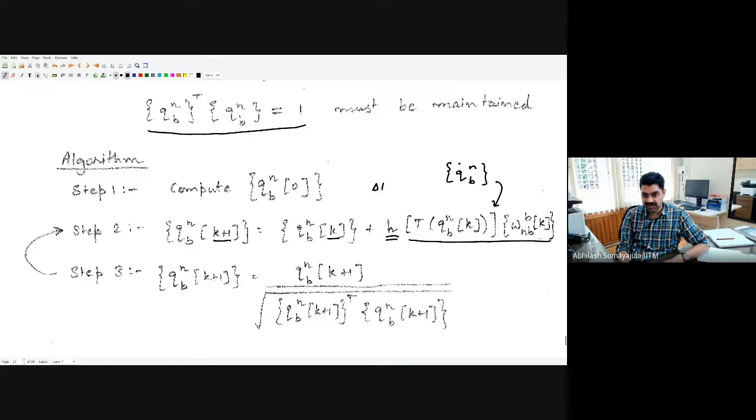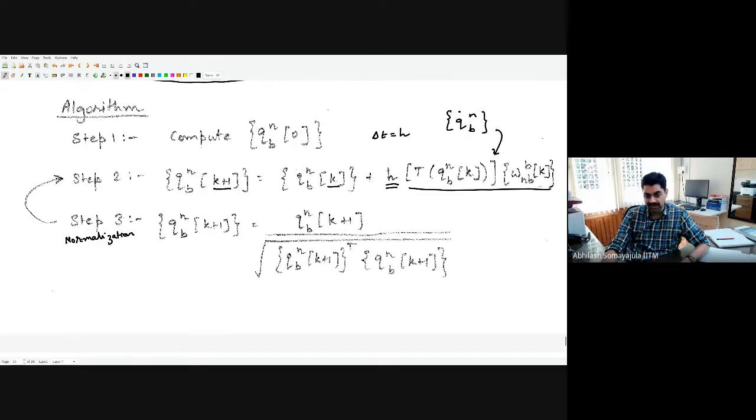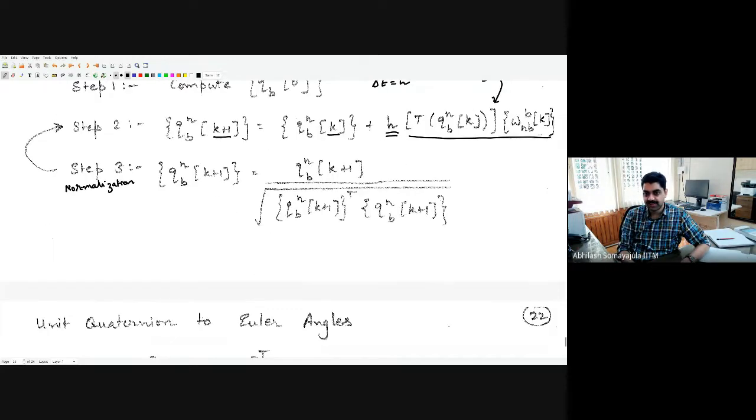So in this case, my delta t is equal to h. I have to follow this step by a normalization step. So this step 3 is called a normalization step, where I take the quaternion that I obtain and I normalize it. I make sure that its norm is equal to 1. And how do I do it? I simply divide it by the square root of the norm, and that does the trick for me.